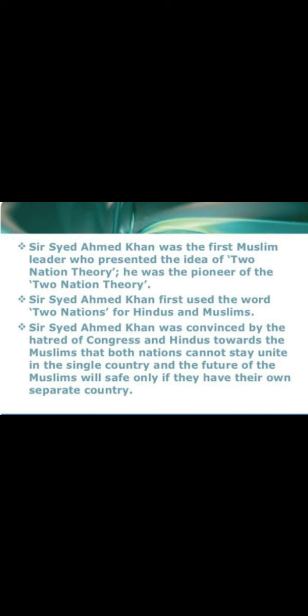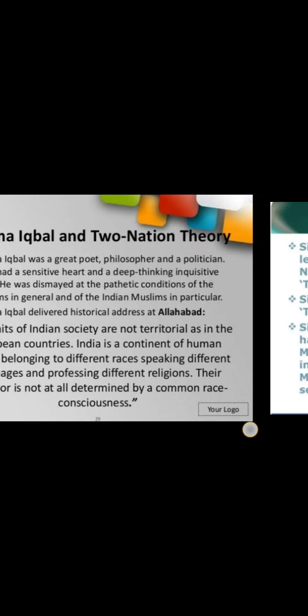Sir Sayyid Ahmad Khan also wrote a pamphlet for the British about their misconceptions regarding the Muslims. So he was the first man and the pioneer of the two nation theory.